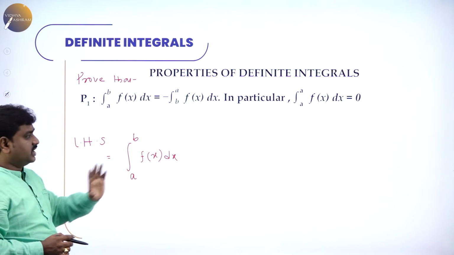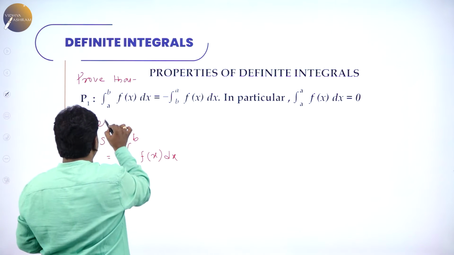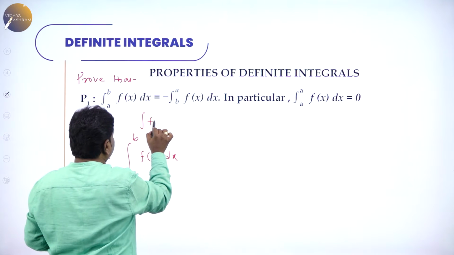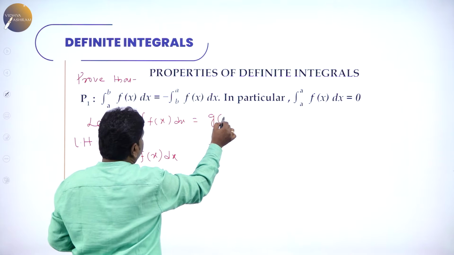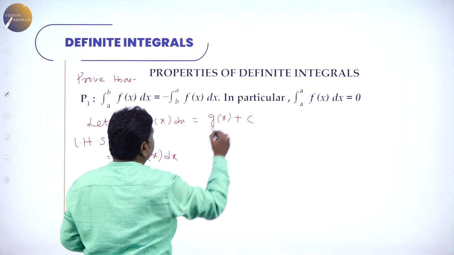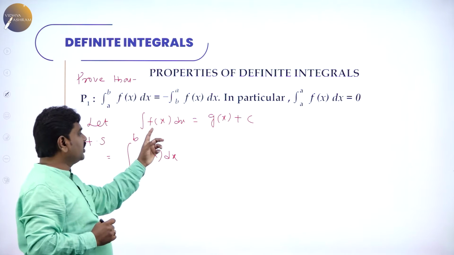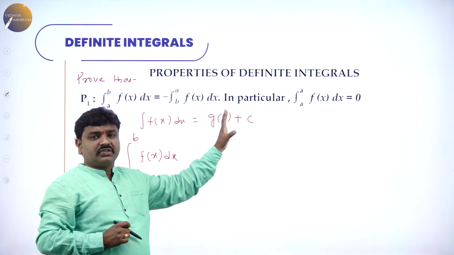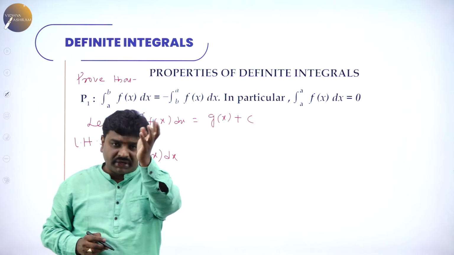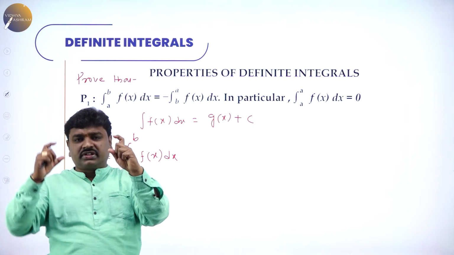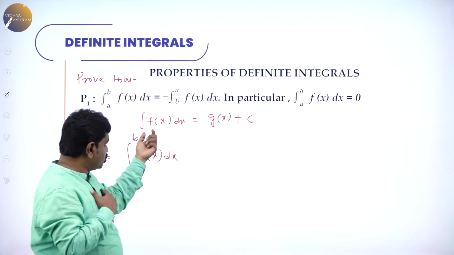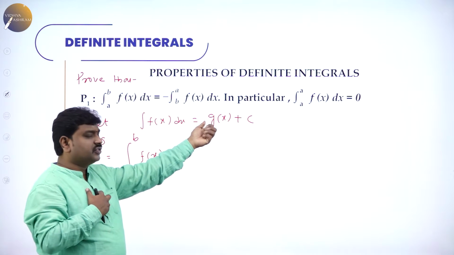Before we start this LHS, we have to assume, let integration of f of x, let us assume it gives you g of x plus c. So indefinite integral value. Integration of a to b, I will take it as g of x. You know, integration of sin x is minus cos x. Integration of 1 by x is log x. So integration of one function is giving you another function. So I am assuming, let integration of f of x is g of x.